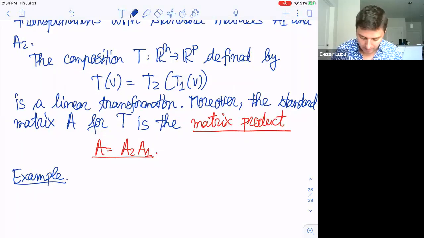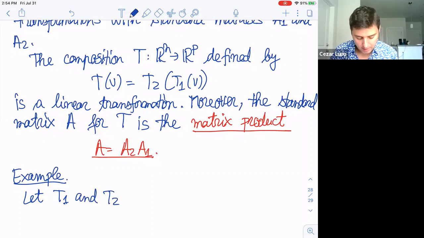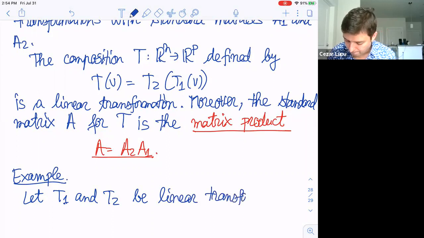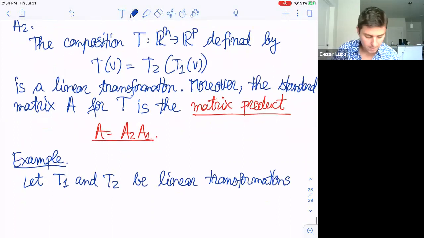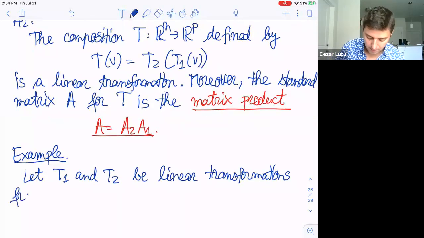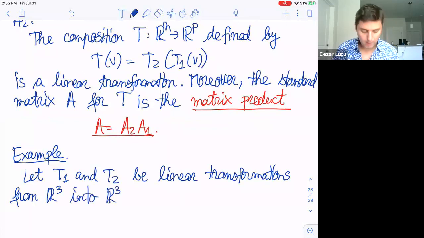And now let's consider T1 and T2 be linear transformations from R3 into R3, right?